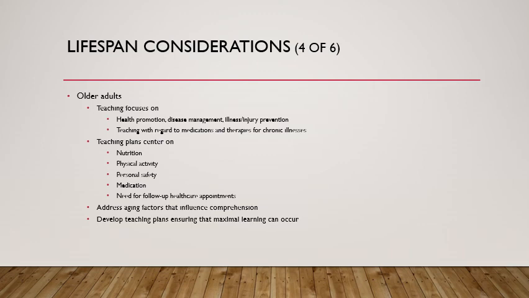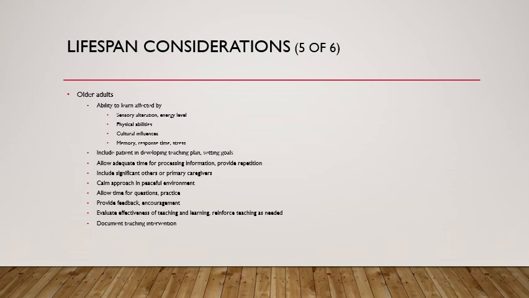They address aging factors that influence comprehension and develop teaching plans to ensure that the maximum learning is occurring. A couple other things about older adults: the ability to learn might be affected by their sensory alterations and energy levels, physical abilities, cultural influences, memory, response time, and stress.